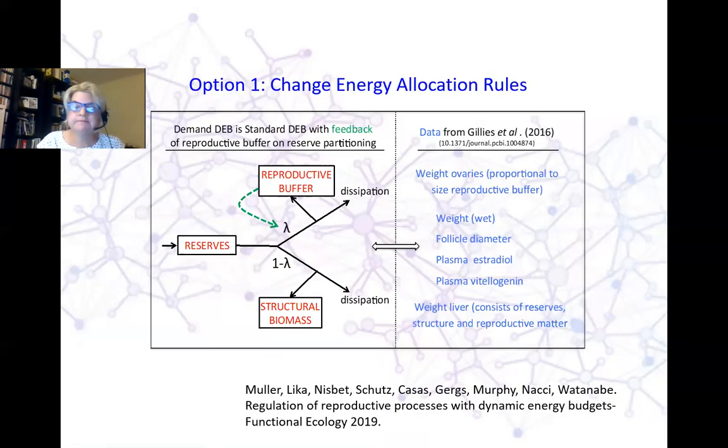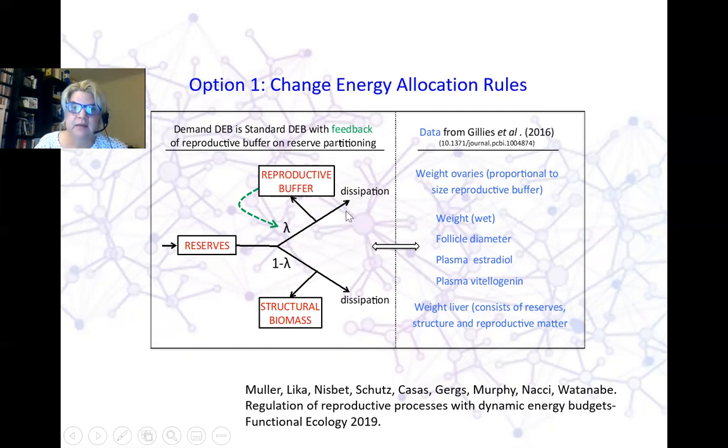The first option, and I'm not going to go through this one in detail because Eric Mueller has presented about this to you all before, but basically what he did was change the energy allocation rules so that it can accommodate some of this data that we would collect from suborganismal levels, estradiol, vitellogenin, all of these things, and incorporate that.